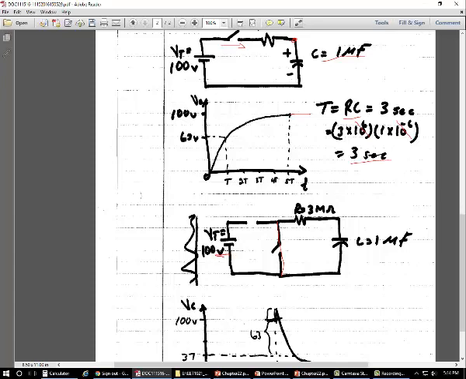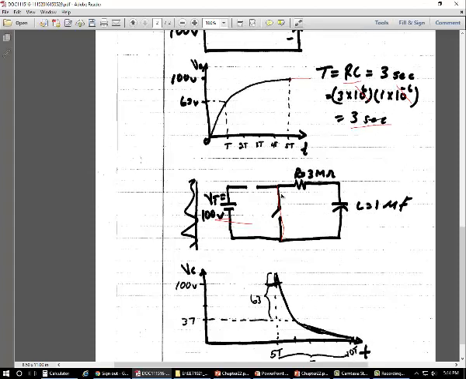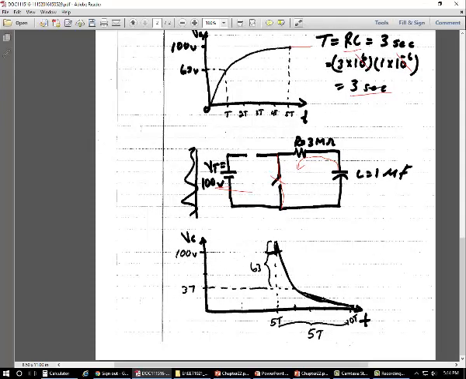The voltage source is not going to play any role in the circuit. The capacitor is fully charged, and when we close this switch, the capacitor starts discharging through the resistor in that direction. The voltage on the capacitor at the start will be 100 volts, and then it will discharge until it is fully discharged to 0 volts.